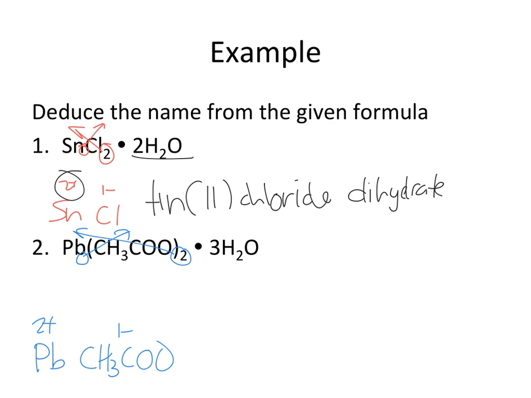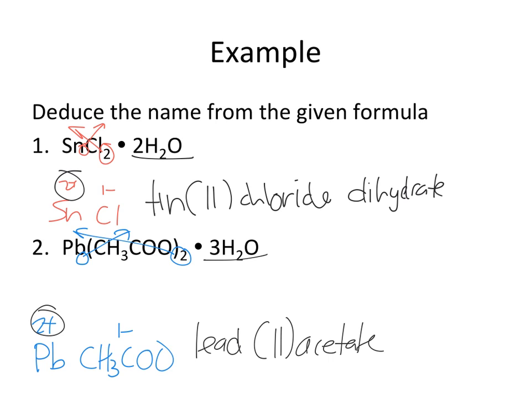So again, I'll have to check if the charge of acetate is in fact 1 minus. I can't find that on the periodic table, but through knowledge, I do know that it is 1 minus, so that is in fact the charge of Pb. So it will be lead 2 acetate. Now in terms of the water, I have 3 of them, so it's going to be trihydrate. And that's all it is.